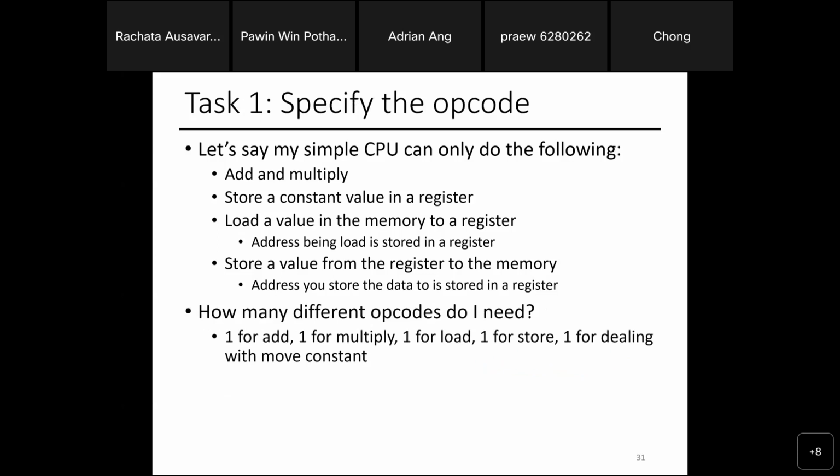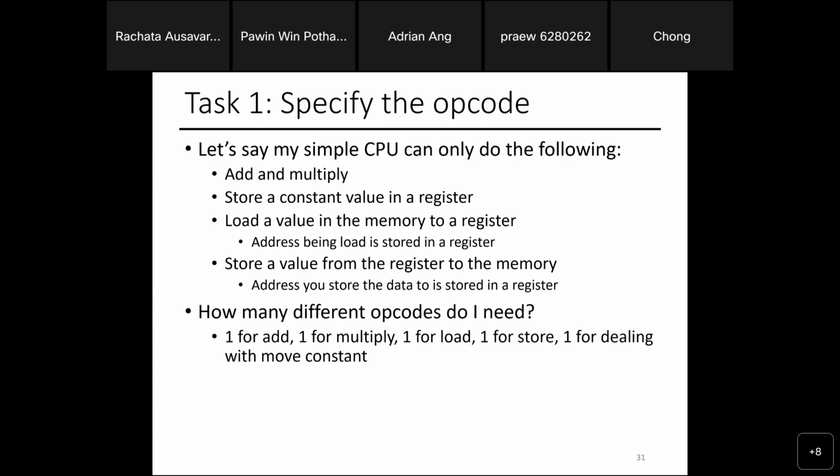Given this assumption, the first question I need to ask is, how many different operations do I have to support? 5, right? Add, multiply, load, store, and store constant to the memory. If I want to support 5 different operations, how many bits do I need for the opcode? 3 bits, right?